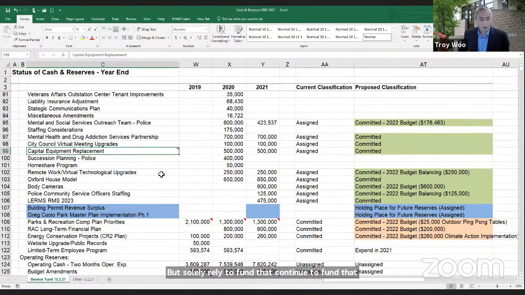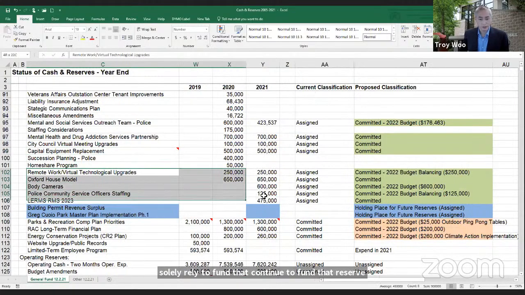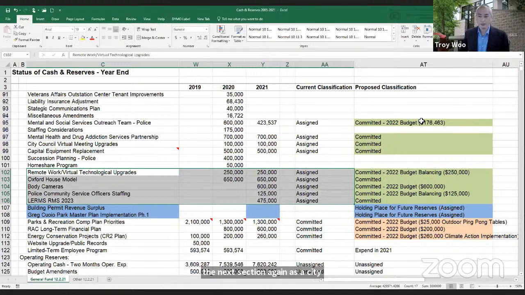The next section, again, is a series of assigned balances that we would like the council to commit. The first is a reserve for our employees, essentially. It continues the city's ability to provide remote work options for employees as we navigate the COVID pandemic.